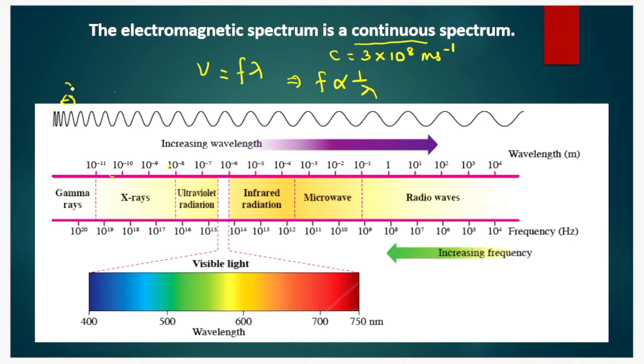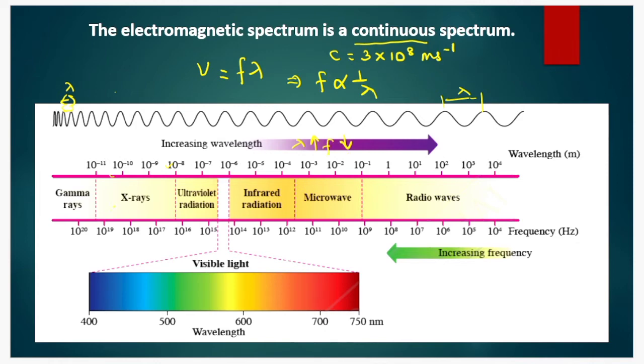If we look at gamma rays, the distance between two peaks or crests is lambda. You can see it is shorter compared to the wavelength of radio waves. So we can see that from gamma rays to radio waves, wavelength increases.